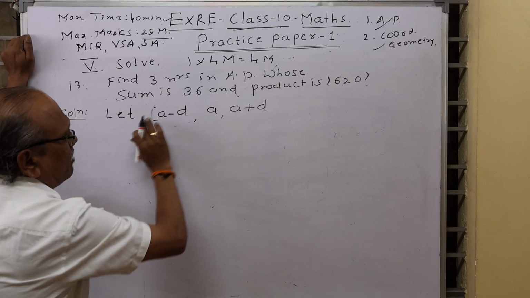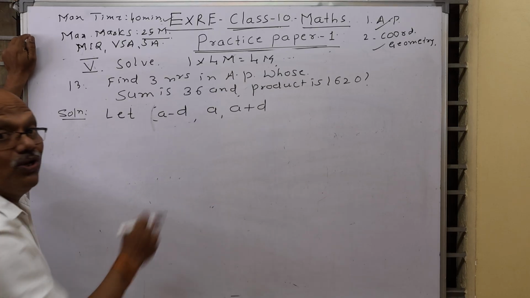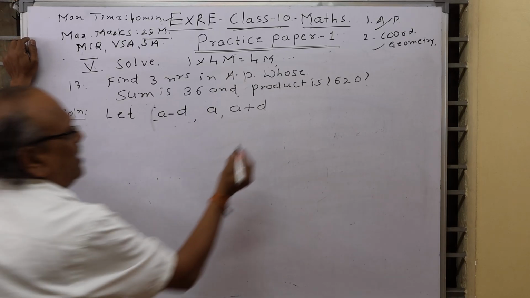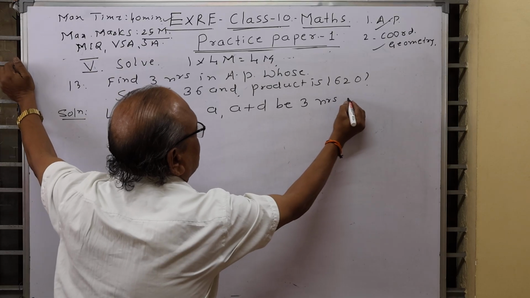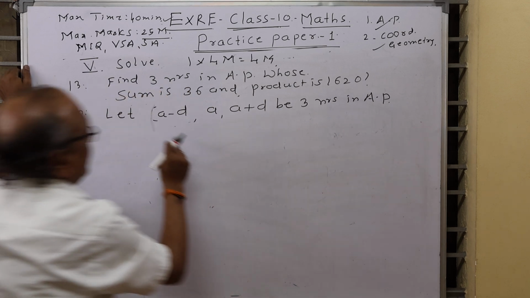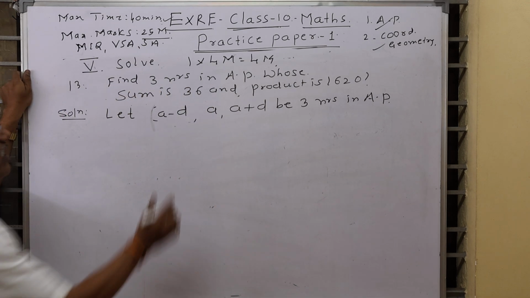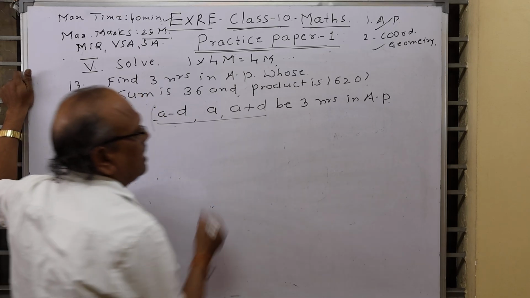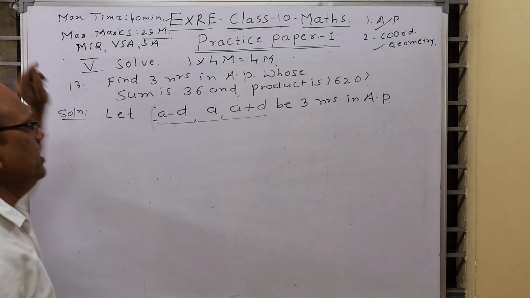The purpose is, if you add them, d cancels, and of the 2 unknowns only one is left, so you can solve for it. This is the first and very important step. Many students take it as a, a plus d, a plus 2d. Don't do that. Whenever you are asked to find 3 numbers in AP, assume a minus d, a, a plus d.